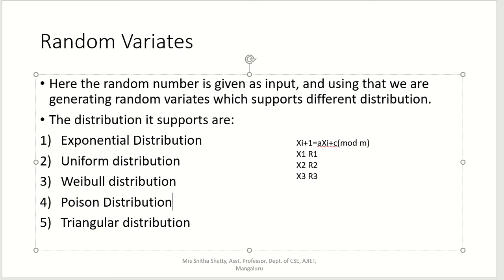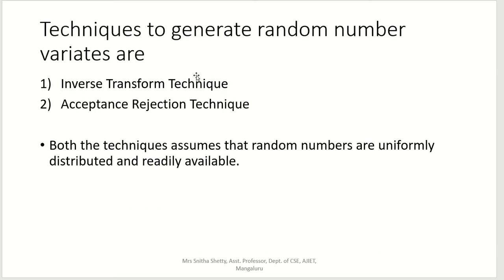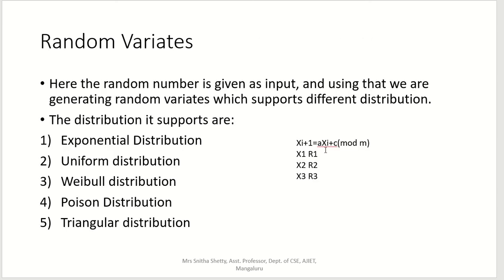Out of those, in this chapter we are studying two: the inverse transform technique and the acceptance rejection technique. Here, when you are generating the random variate, the input should be x1, x2, x.